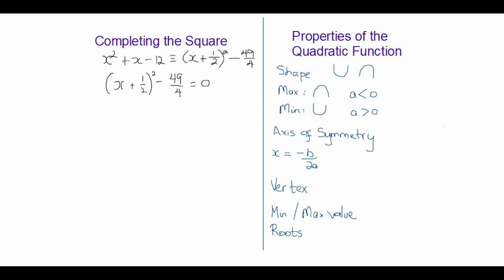So I have to begin my transposition, first of all, by eliminating this minus 49 on 4. So to do this, I can add 49 on 4 to both sides of my function, and this will give me that my perfect square of x plus a half squared is equal to 49 on 4.